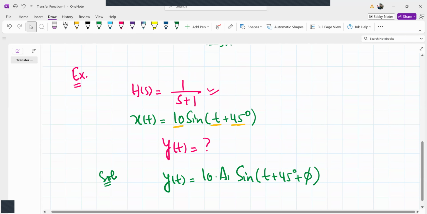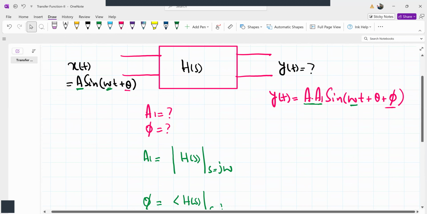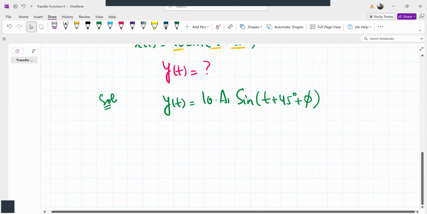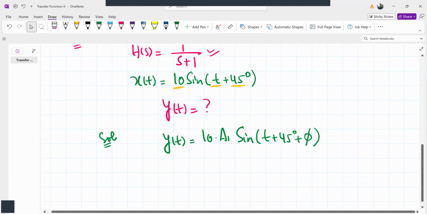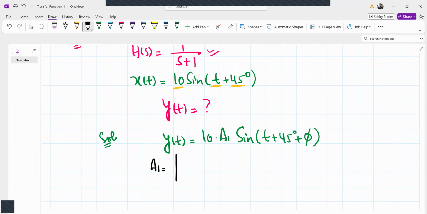From this function, we introduce two quantities, A1 and phi, to write the output. So we have to determine A1 and phi here. How do we determine A1? A1 is the magnitude of the transfer function when s is equal to j omega. So A1 is simply the magnitude of H of s, where s is j omega.